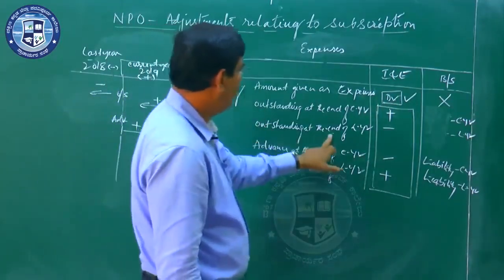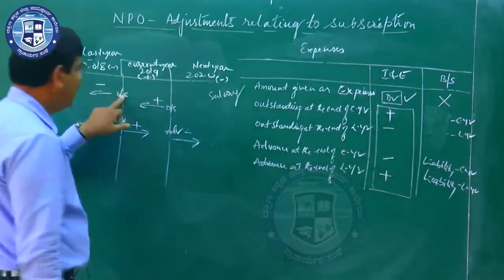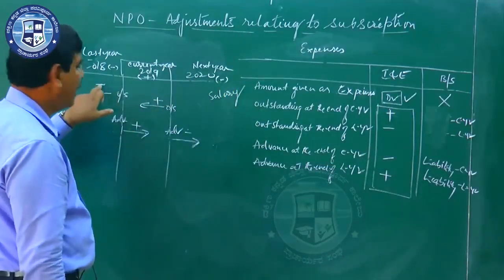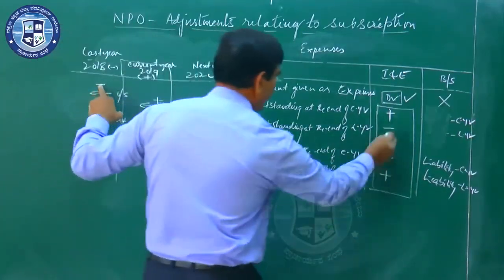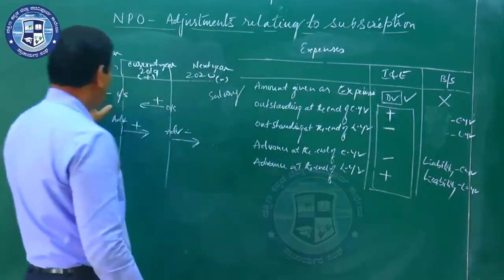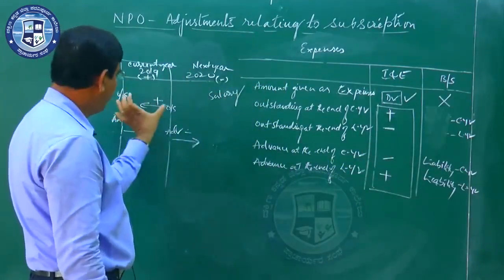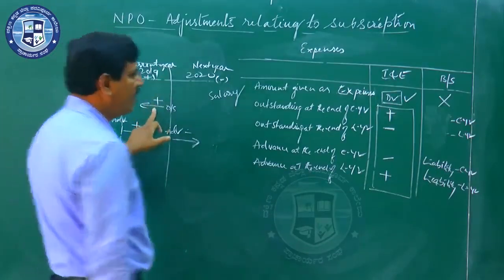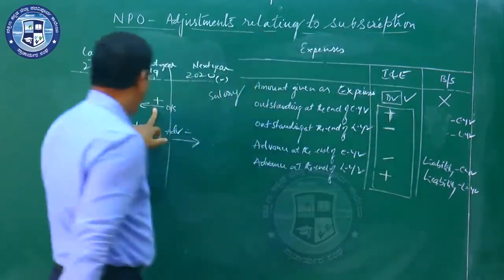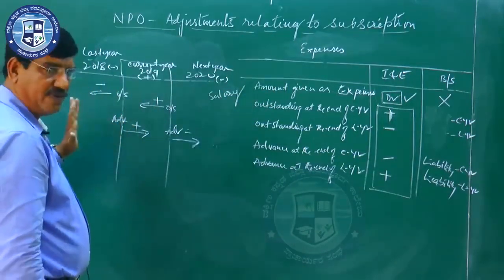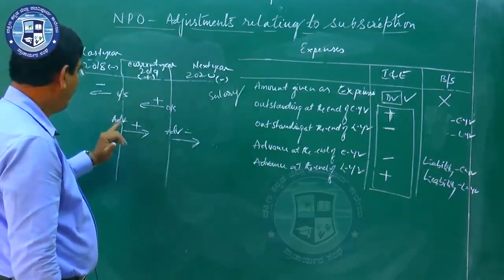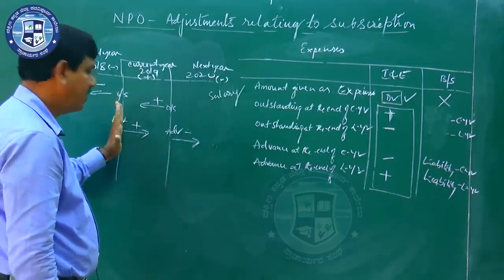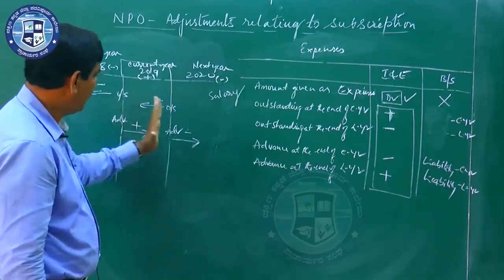Outstanding at the end of last year, it has to be deducted, so I have written minus. So outstanding during the year or in the year 2019 or in the current year, it has to be added. Advances of last year or advances found at the end of last year, that is relating to the next year.